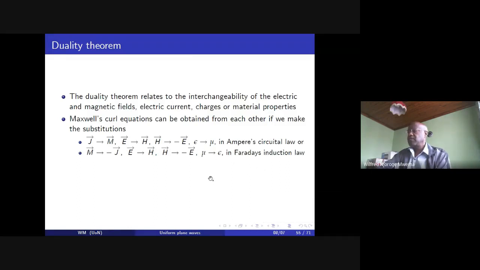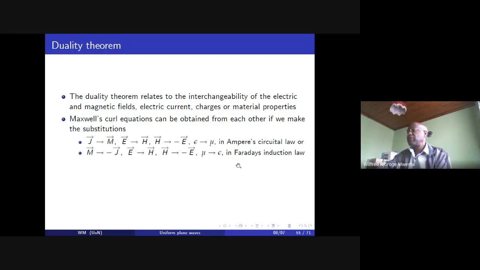This is usually useful because now all you have to do when you're writing a computer program, you can only program one of the equations, and then you make it a routine or a function that you call.